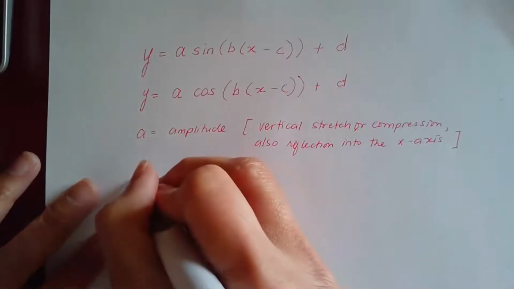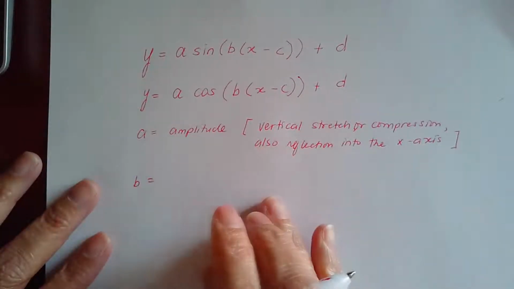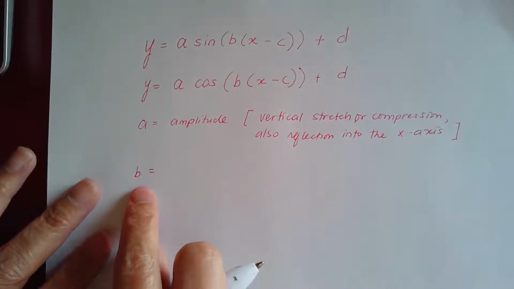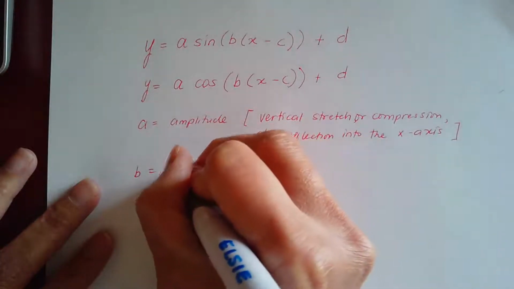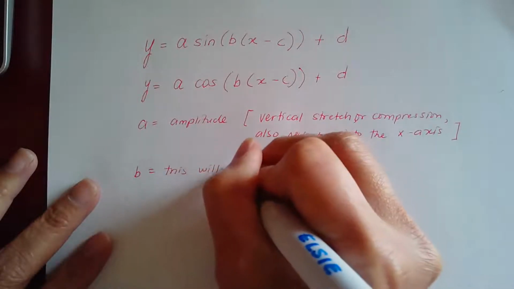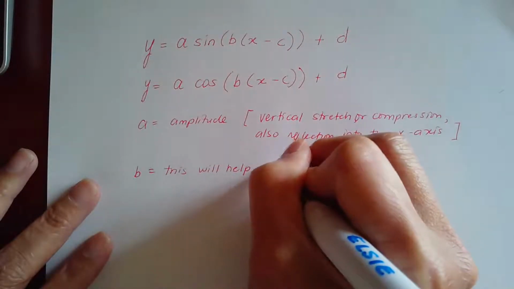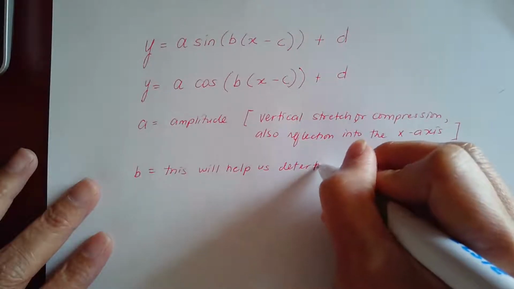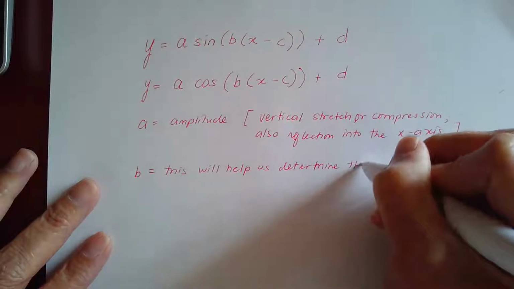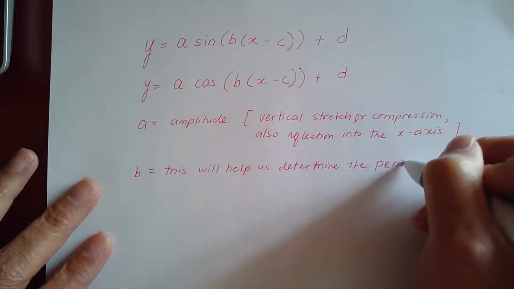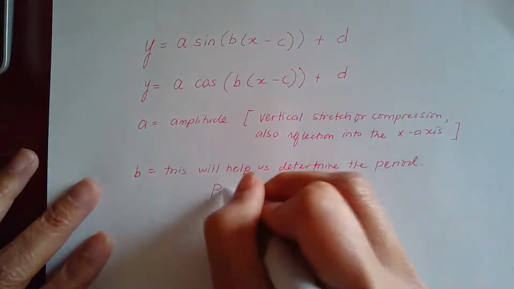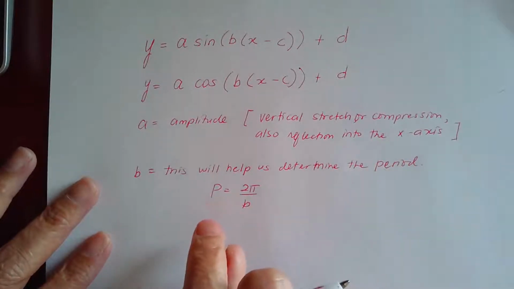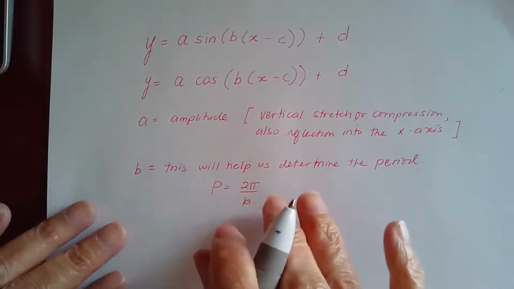Now the B, in terms of our sinusoidal function, will actually help us determine the period. We said period is equal to 2 pi over b. That's the concept that's related to the graph.